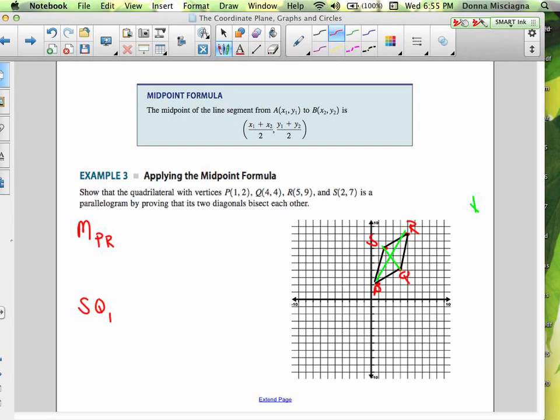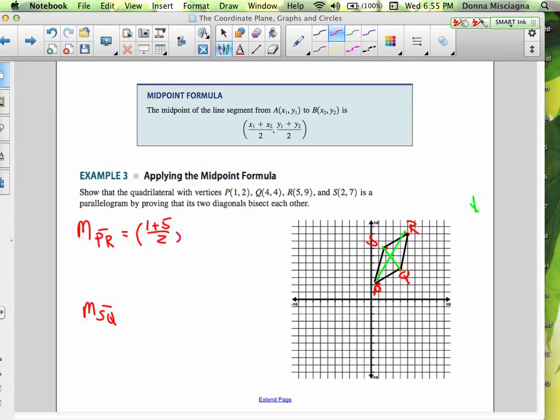I put M for midpoint, and then I just put which one we're looking for. All right, so the midpoint of PR, we're going to take the x coordinates and add, and then the y coordinates and add. So this would be 1 plus 5 divided by 2.